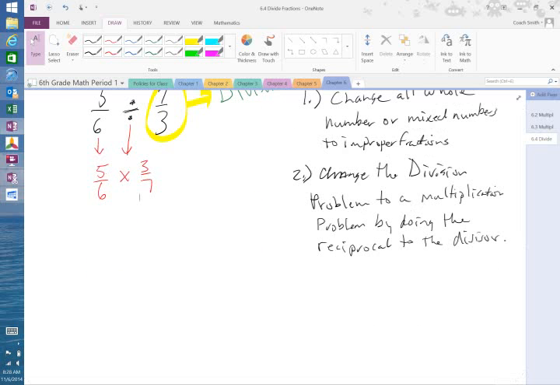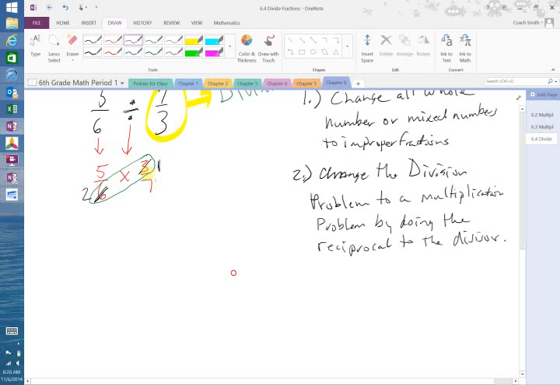So that means we look at our Jimmy Neutron. Is there a common factor between 3 and 6? What is it? 3. Yeah, 3 is common. 3 goes into 3 one time. 3 goes into 6 two times.